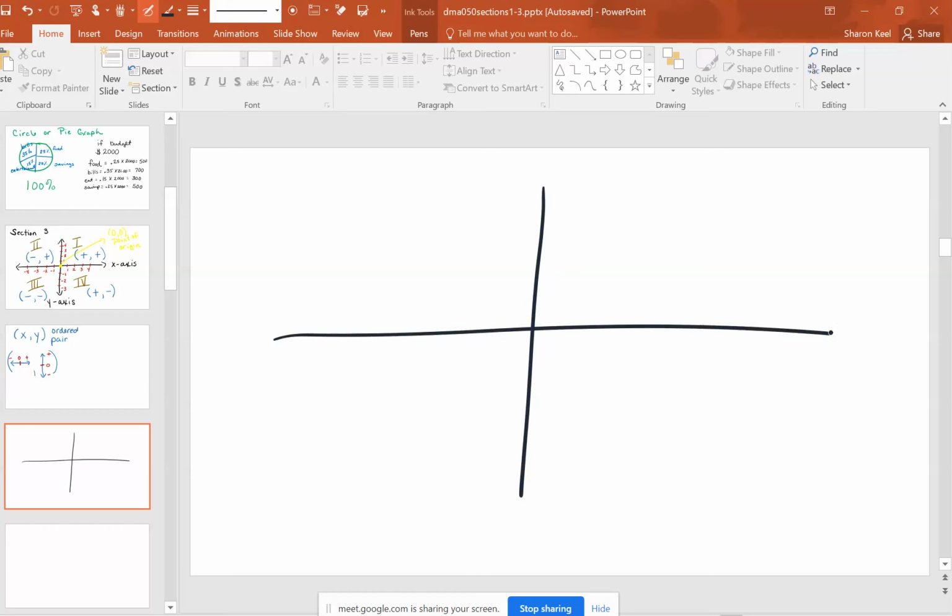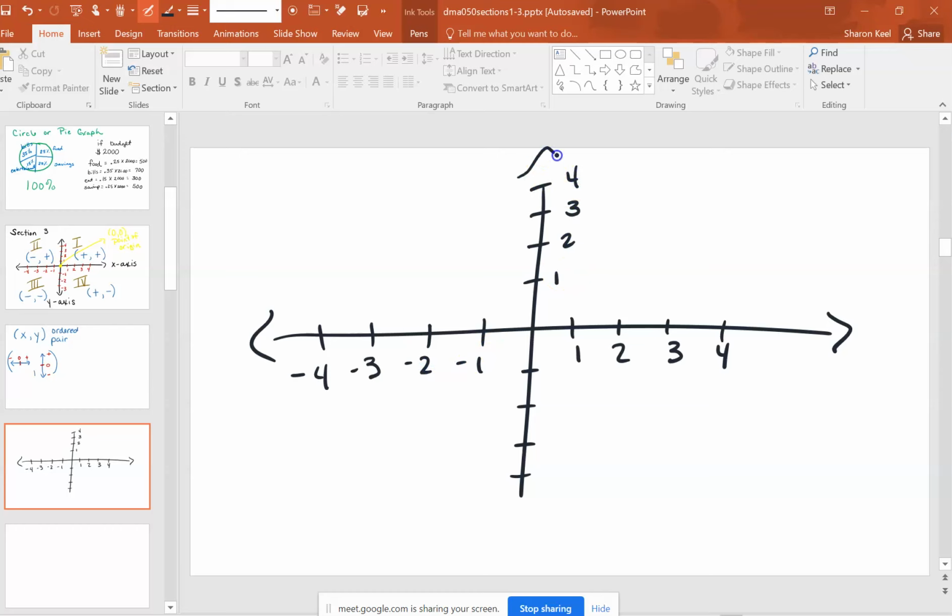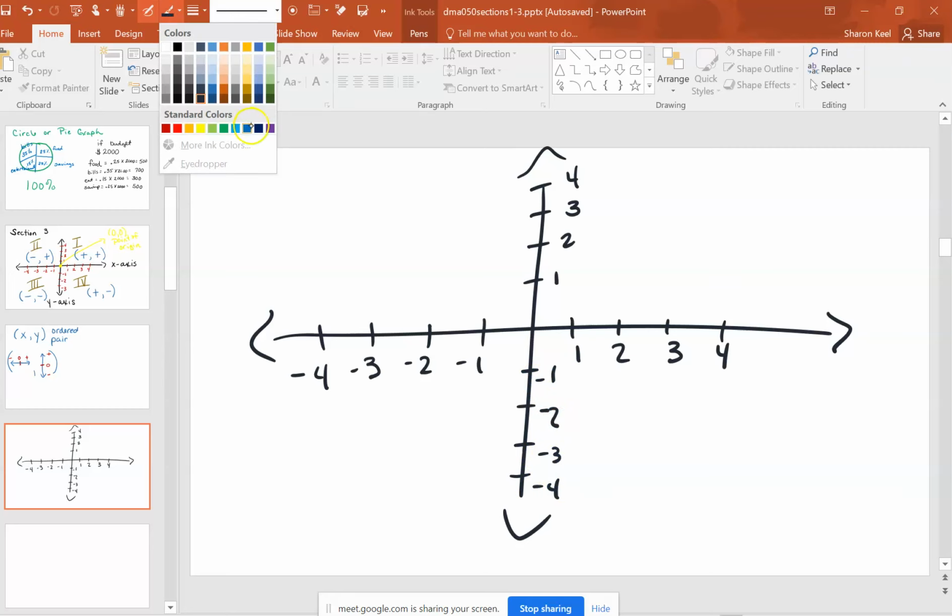So if this is my axis, and I'm going to graph 1, 2, 3, 4. Okay, so let me give you some ordered pairs.